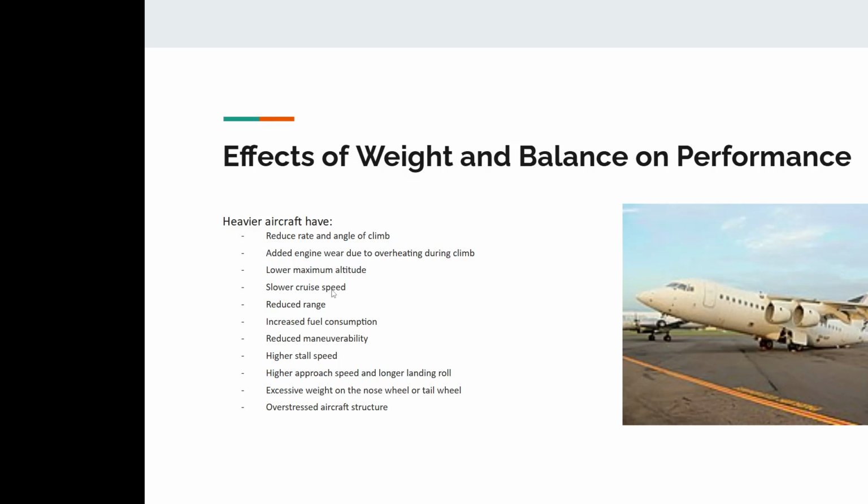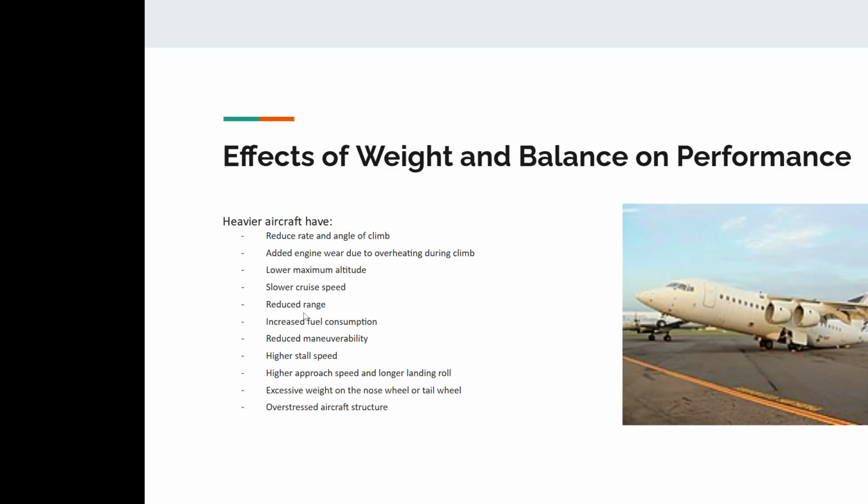So for example, let's say one day your aircraft is at 3,500 pounds and you're only able to cruise at maybe 120 knots, but then the next day you're at 3,400 pounds, so 100 pounds less, and now you're able to cruise at 125 knots. So that's how it could be different.